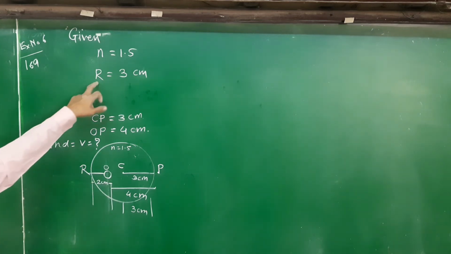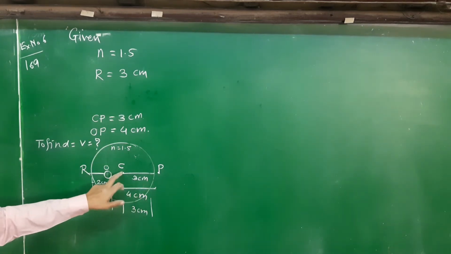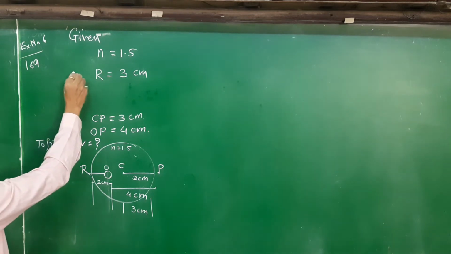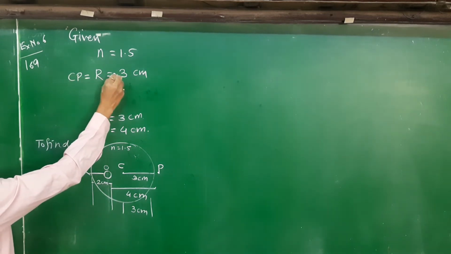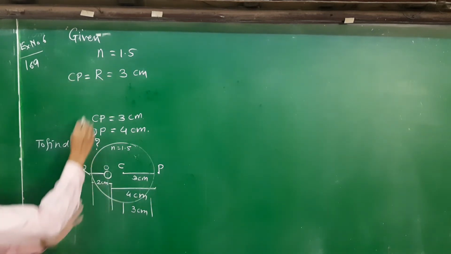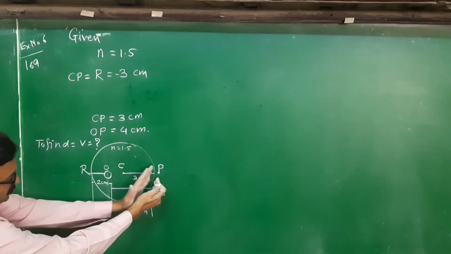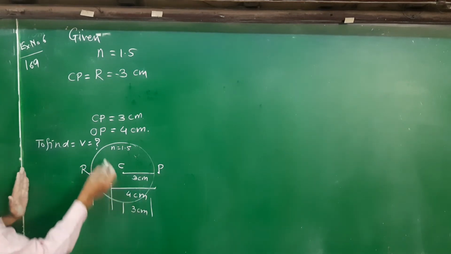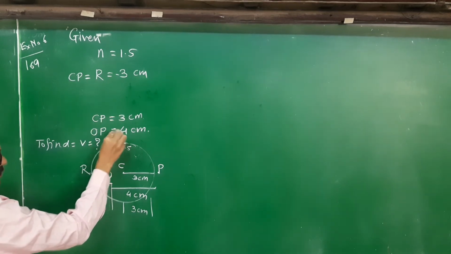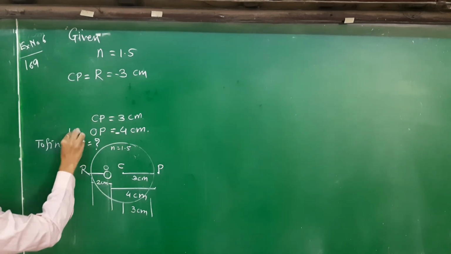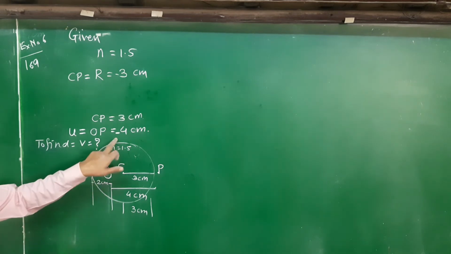Now this OC, that is CP, is equal to R, which is towards the left side. Therefore we take it as minus. And we also observe this towards the left-hand side. Therefore this distance OP, the object distance u, is also taken as minus.